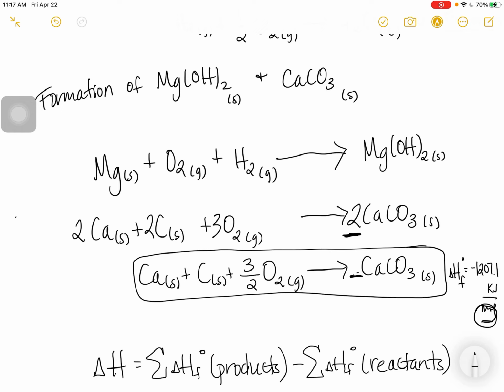So for any formation reaction, I can go directly to the table and I can look up the value of delta H of formation. Okay, you'll find if you run through the chart that there are lots of zeros for delta H's of formation, and those correspond to elements or diatomics who are already in their standard state. So if you think about that, the delta H of formation of 0 makes sense.